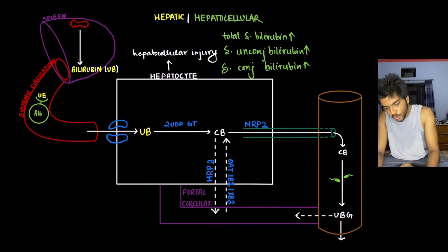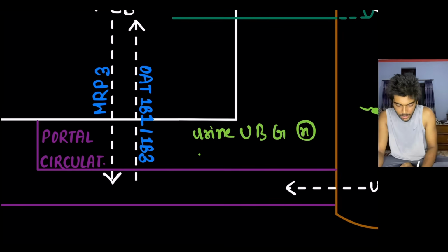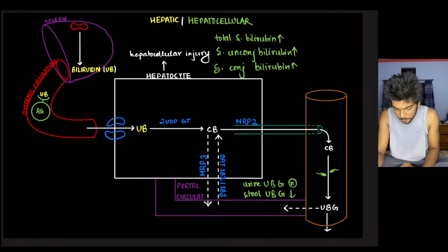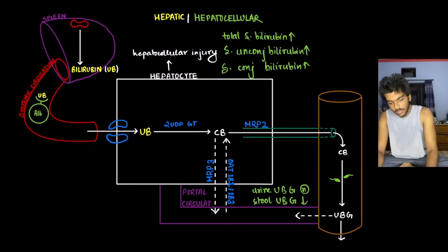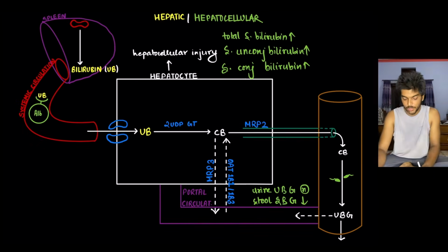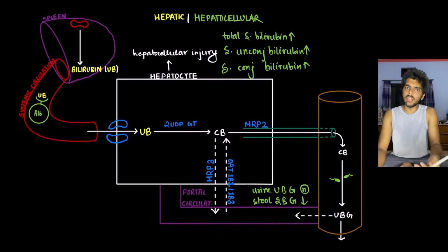As for urobilinogen, the urine urobilinogen remains normal, but the stool urobilinogen decreases. Not the urobilinogen, sorry. In stool you have stercobilinogen. Stercobilinogen imparts brown coloration to the stool. Since there is low stercobilinogen in stool, the stool is going to be pale in color.